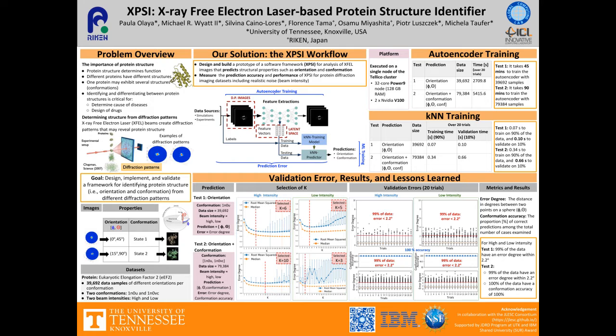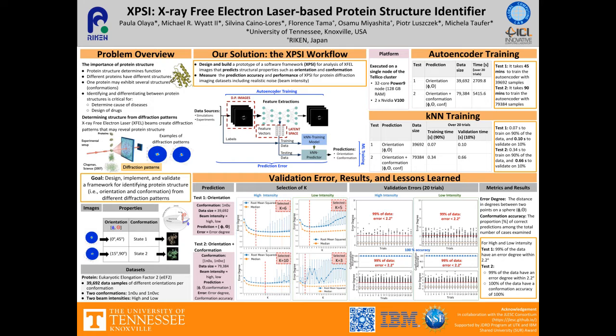In summary, our framework takes less than 2 hours to predict orientation and conformation, compared to the statistical methods used by our scientists at Riken, which take approximately a day to only predict orientation. This shows that XPSI is a promising approach towards the identification of protein structures with respect to its computational requirements.